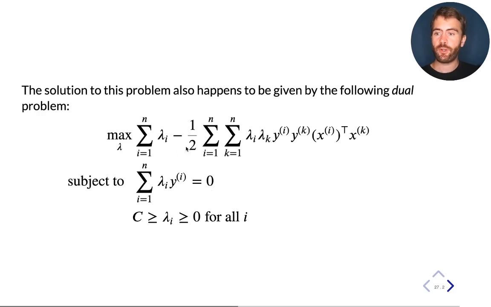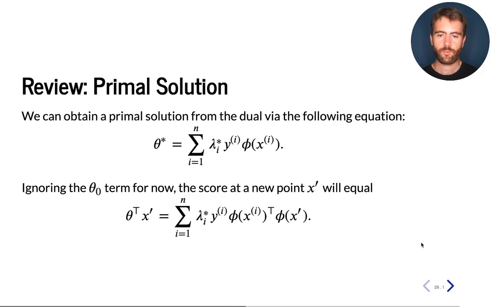And it is also different in that before, in the primal, the main set of variables over which we were optimizing were the parameters of the hyperplane, of which we had d, and here we have n variables lambda, where n is the size of our data set.